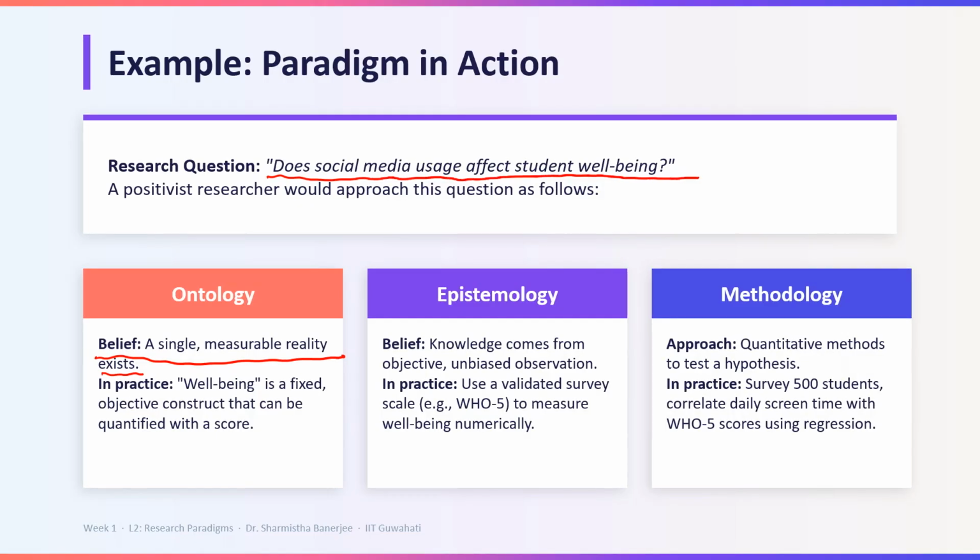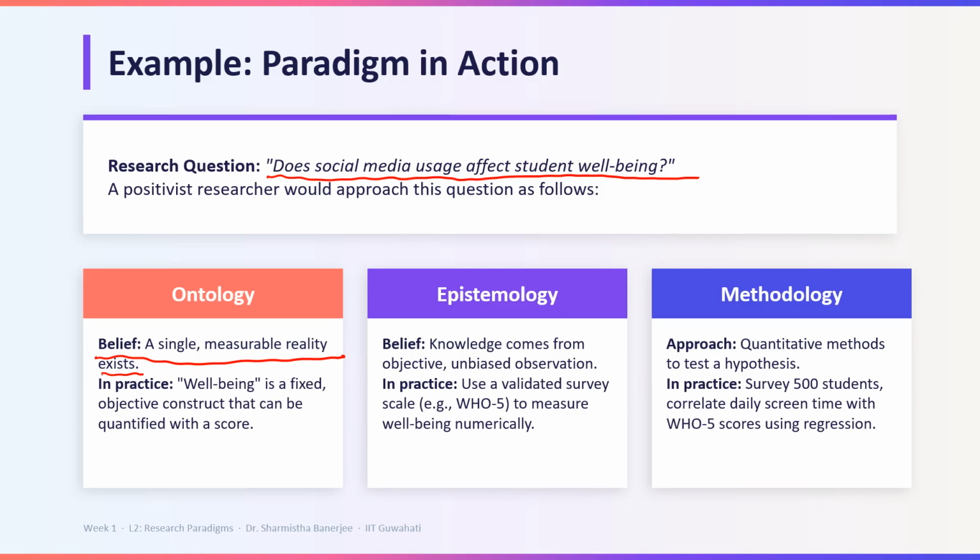The interpretivist said there is a subjective component, which implies that I have to ask different participants, and different participants will have a different worldview, shaped by their experience, and as a result, they will interpret well-being in different ways.